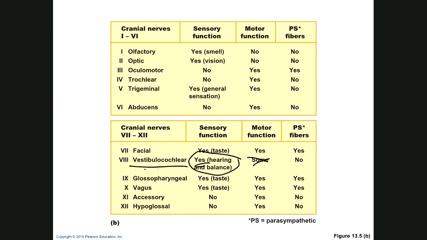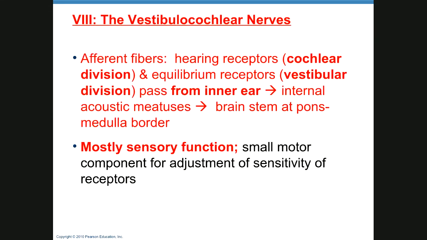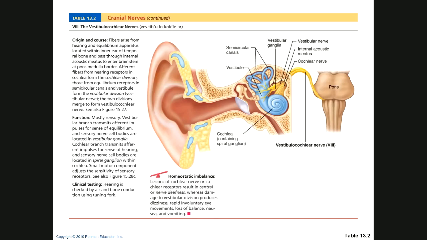Let's go for the location first. We're up here already. Remember 6. Next to 6 is 7. Next to 7 is 8, right there. Okay, so we're going in order. Number 8. And the function of 8 is to bring auditory and equilibrium information from the inner ear onto the brain.